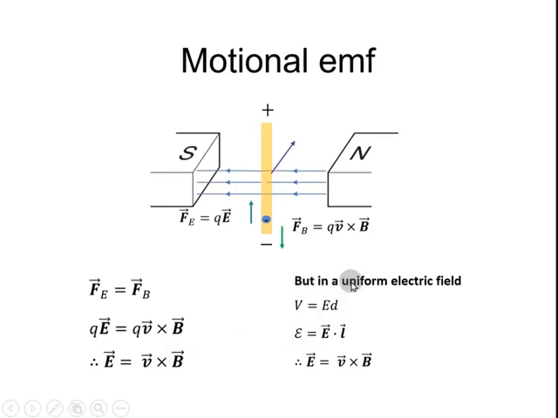But we also know from a uniform electric field that the voltage across the plates, that's the voltage that could set up the same thing here, will be equal to the electric field multiplied by the gap between the two sides of the charges. In this case, we want to use L, which is the length of the piece of wire, and the electric field.